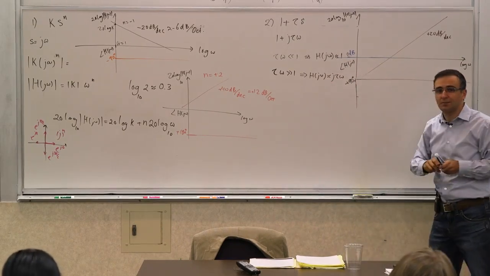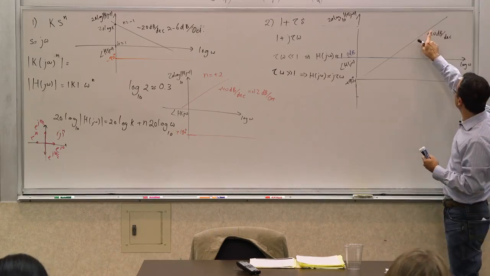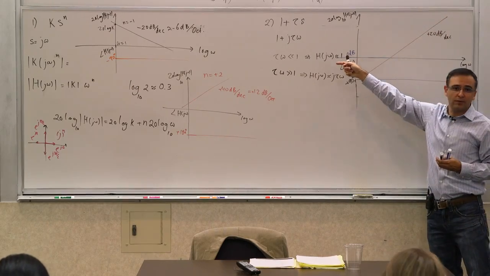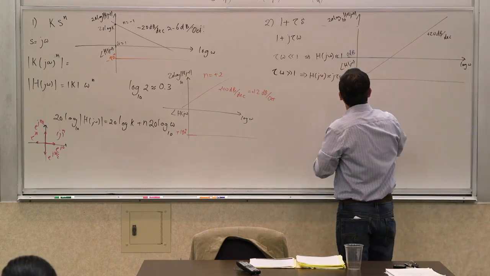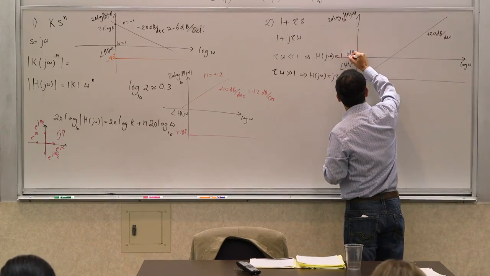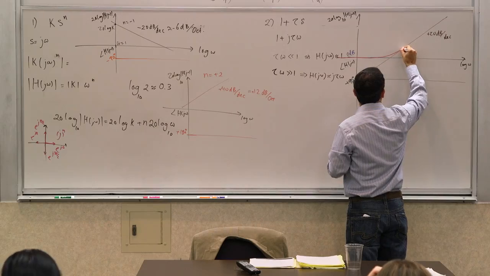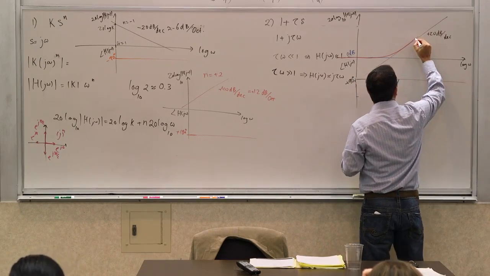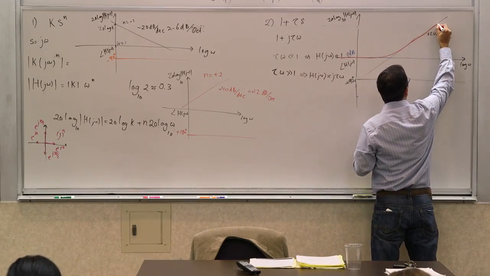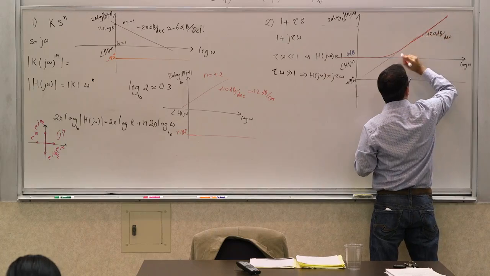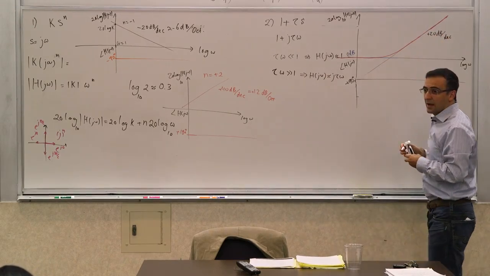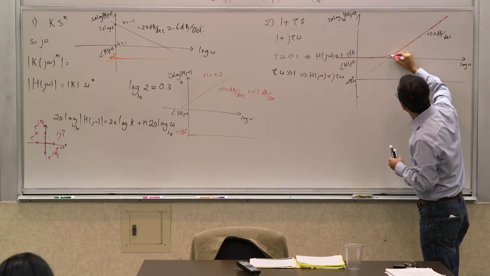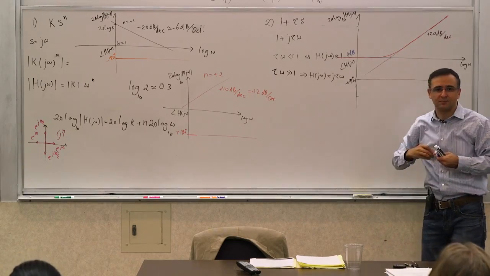So I know what this plot looks like in the two limits. At very high frequencies, it should look like that. At very low frequencies, it should look like that. So the exact plot looks like this. And this deviation here, by the way, where do those asymptotes meet?